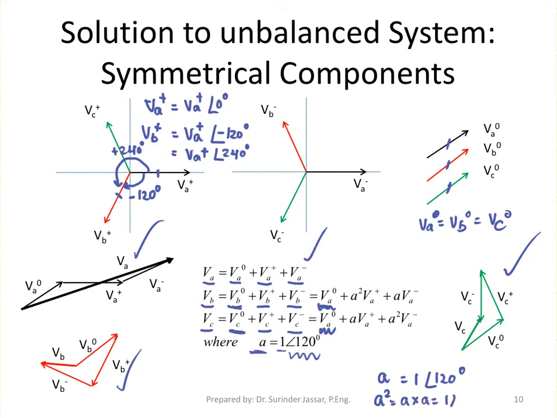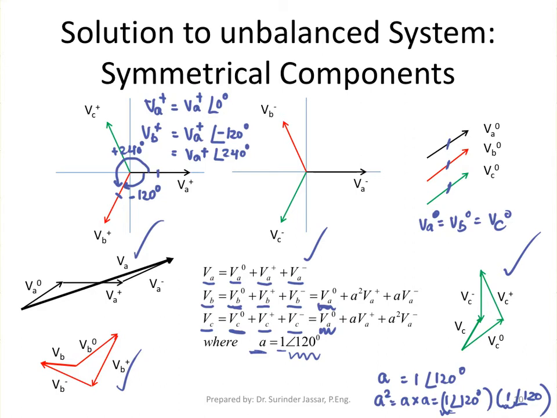So that means 1 at an angle of 120 multiplied by 1 at an angle of 120. How do you multiply two polar numbers? You multiply the amplitudes, which is 1 times 1, and you sum up the angles, which is 120 plus 120. So 1 times 1 is 1 at an angle of 240. That means A squared is 1 at an angle of 240.